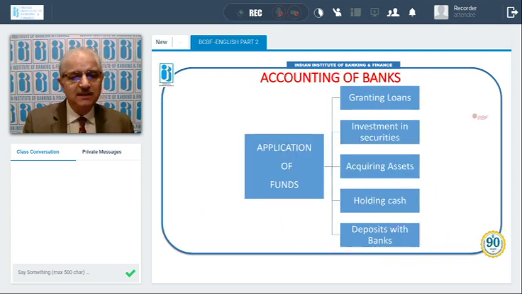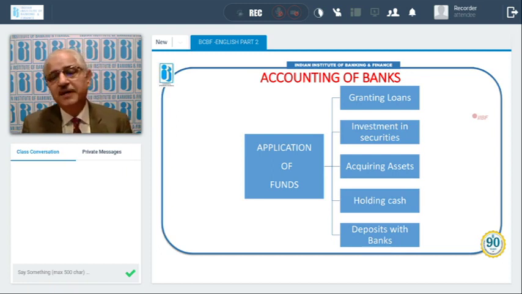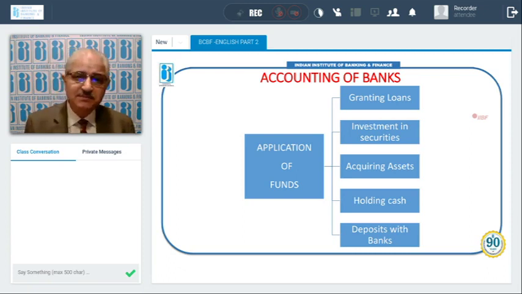Now these funds are deployed for what purpose? Banks are granting loans to companies, to partnership firms, to individuals, loans for business purposes, loans for buying homes, home loans, buying cars, for agricultural purposes, crop loans, for buying agricultural equipment.